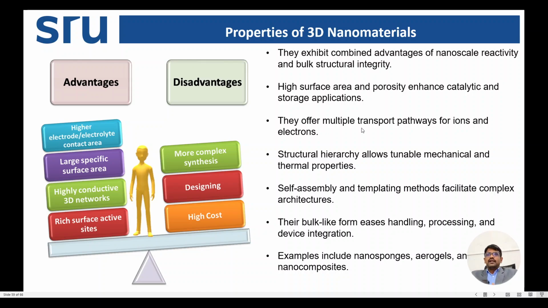They offer high surface area and porosity, enhancing catalytic and energy storage applications. Because of high surface area, it provides porosity. Within this bulk structure, we can find porosity and different shapes.